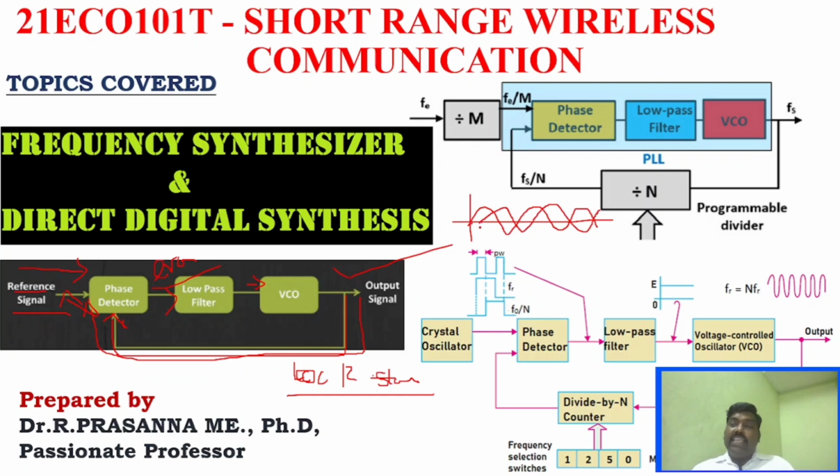The phase is different here, but the phase difference is constant. So even though the phase is different, the phase difference will be constant, and the starting point here has a phase shift.